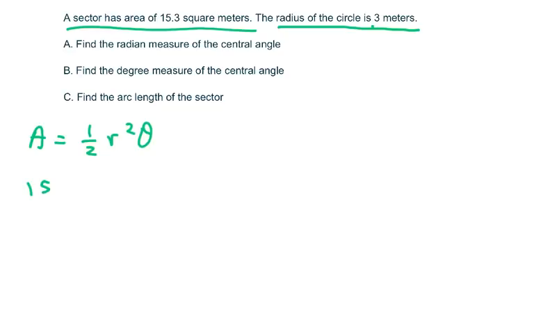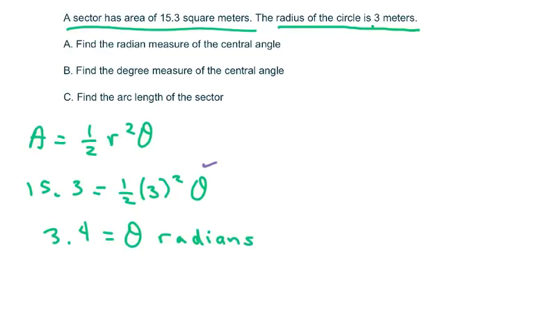So 15.3 equals 1/2 times 3 squared times your angle. This is what we're looking for. So this is 9/2, and divide. You get 3.4 equals your angle in radians.